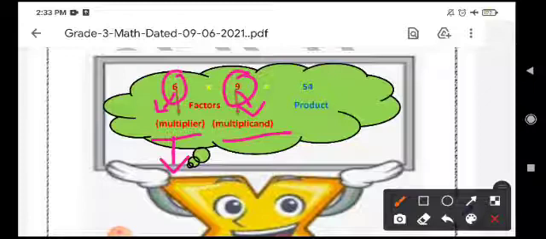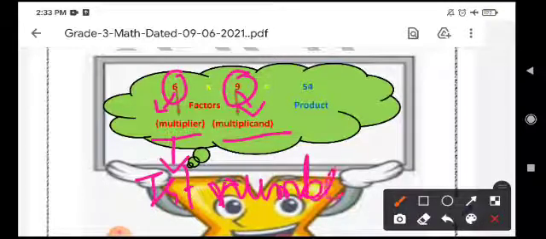Now let us learn about the multiplier. Multiplier is the number with which we multiply. Okay, this is our first number. And what is multiplicand? It is the number to be multiplied.